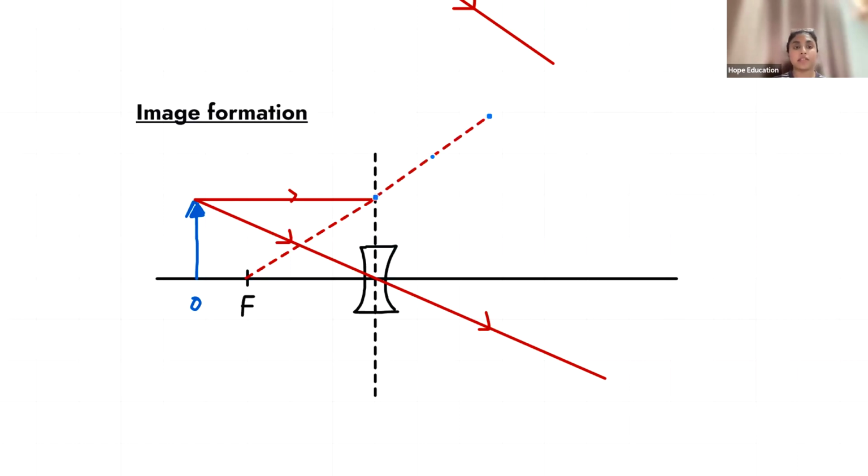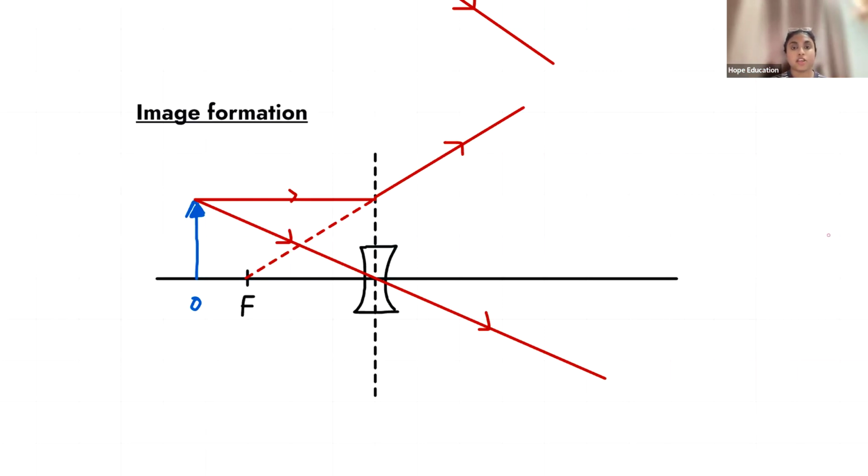Did you understand up to that point? The one through the optical center goes along the same path. The parallel one refracts outwards as if from the focal point.